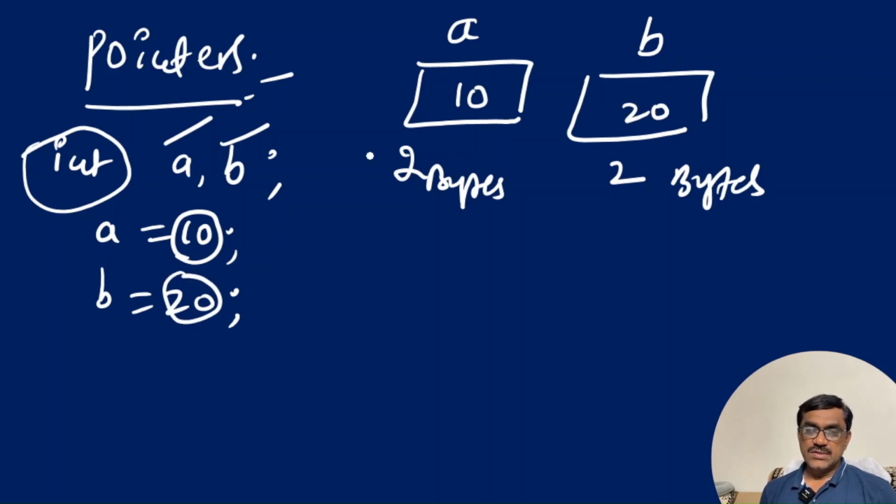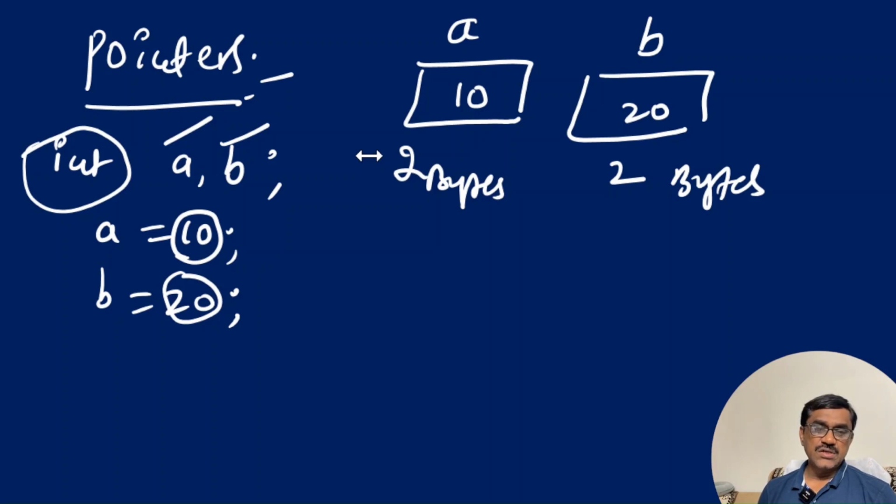I said that whenever we use variables, those variables are automatically stored in the memory and they occupy some amount of memory, and each memory location is given an address. Who is going to give the address? The compiler is going to give the addresses. What are the values of the addresses? Unknown.